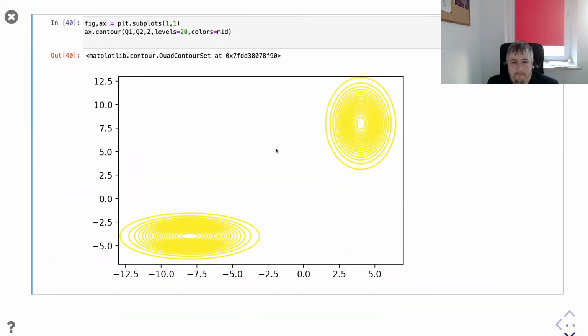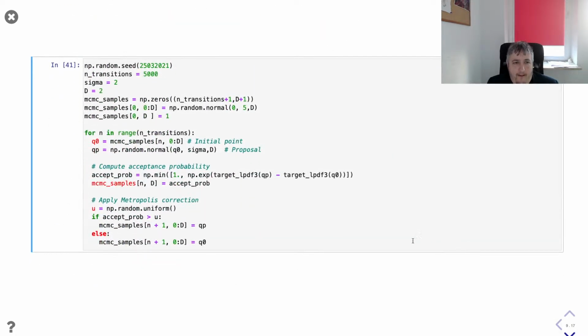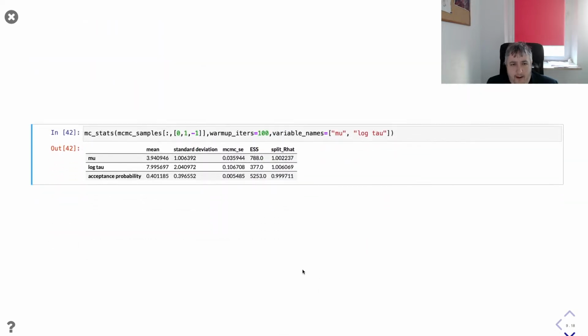So it looks like this. We have equal probability of being here and here. Again, the algorithm looks exactly the same, just replacing the probability distributions in the Metropolis-Hastings algorithm.